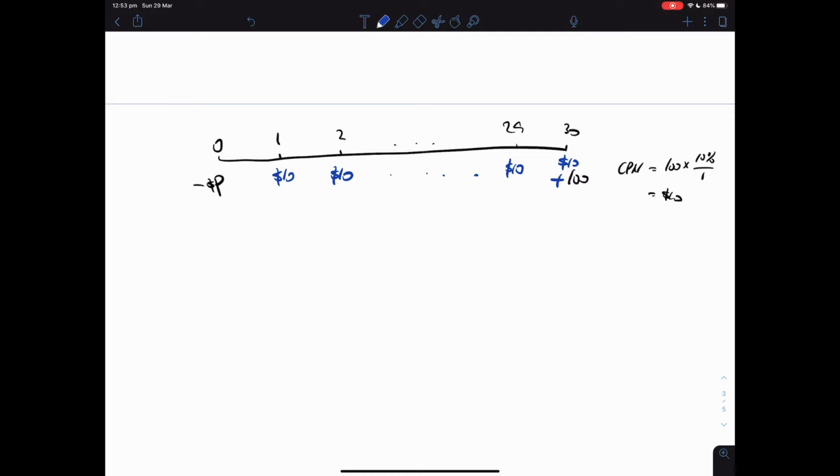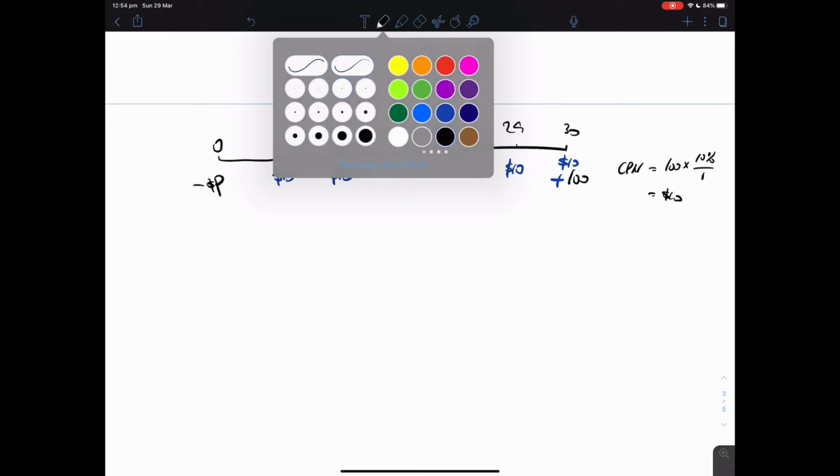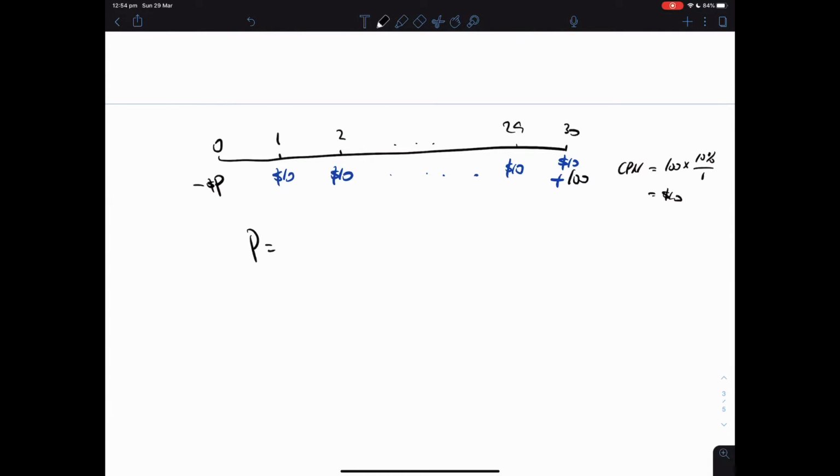So the first question is, what is the initial price if it has a 5% yield to maturity? So the initial price equals the coupon payment times (1 minus 1 over (1 plus yield to maturity) to the power n) over yield, plus 100 divided by (1 plus yield to maturity) to the power of n. What's the n here? N here is 30 because it's the initial price, right?